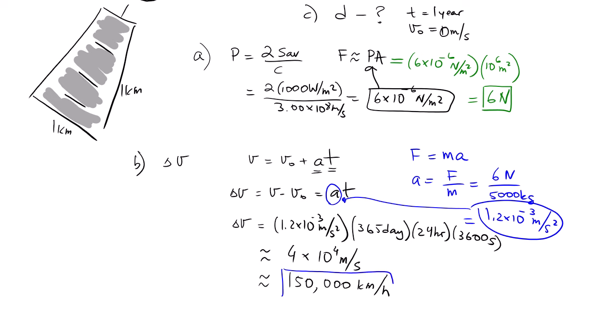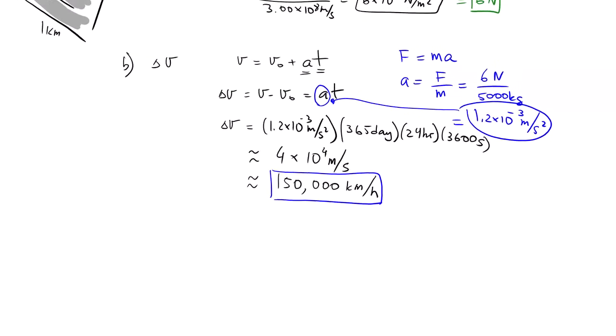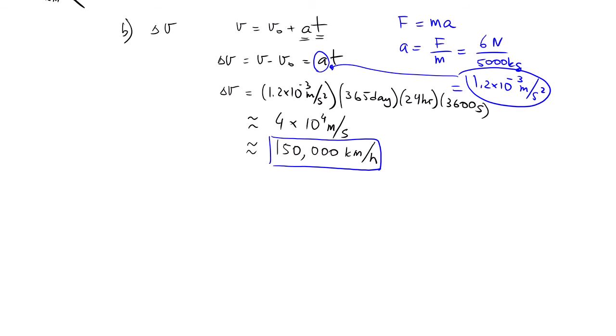Now let's find how far our spacecraft will go in 1 year if it was propelled by the solar radiation pressure. For the C part, we said that the spacecraft starts at rest, so V naught equals 0. From kinematics, we know that the distance it will travel equals V naught t plus 1/2 at squared.